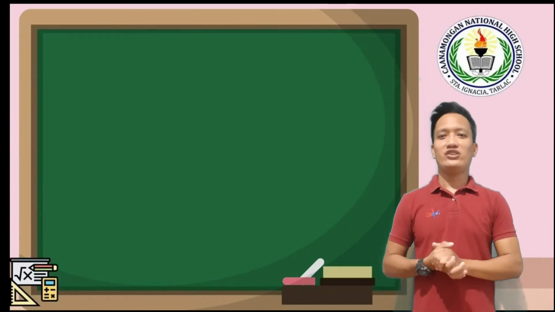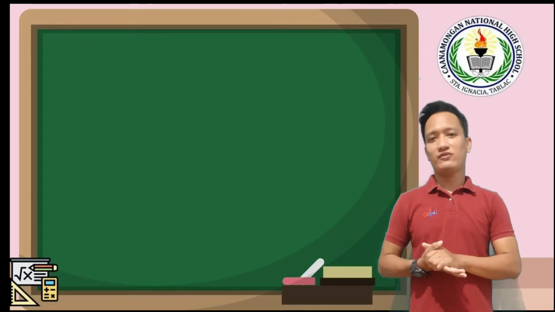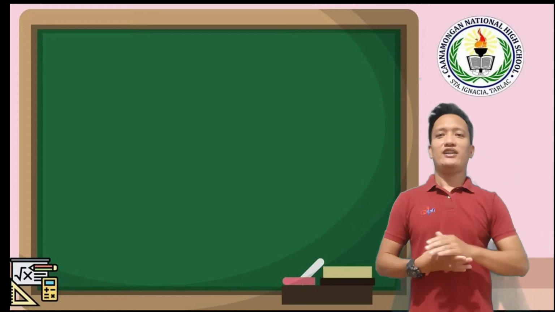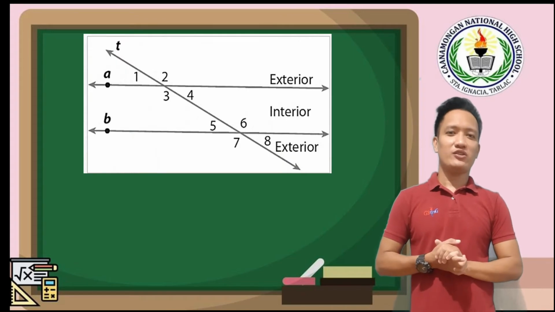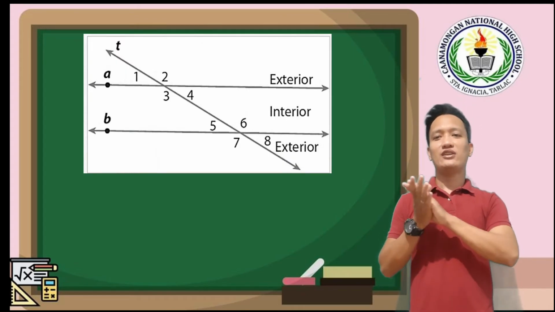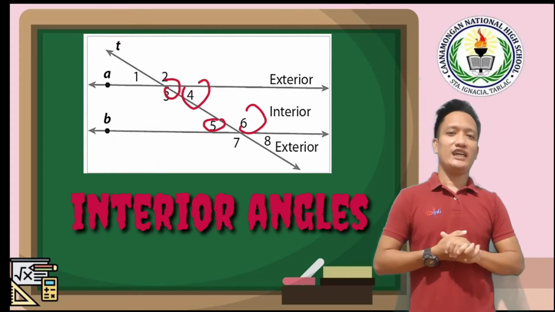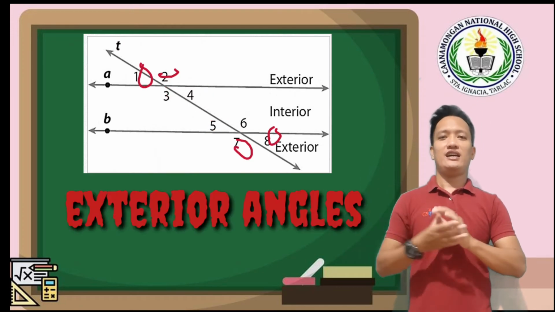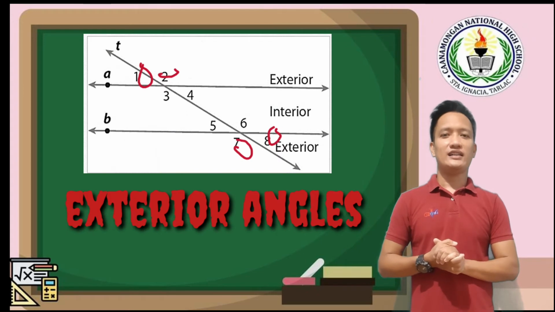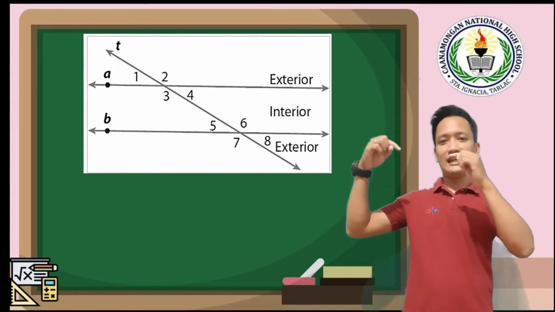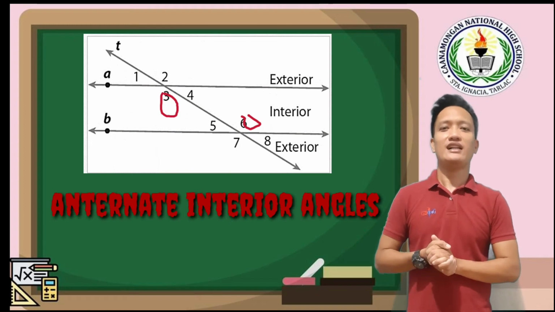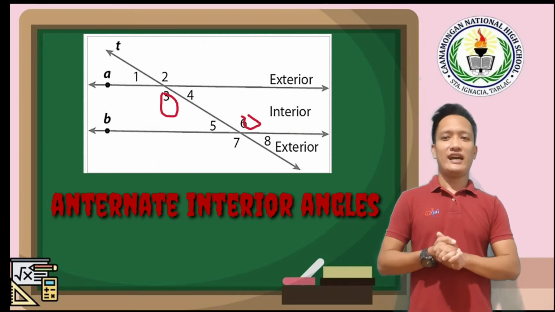Alright. So, yun yung mga angles nagpo-form na angle when two parallel lines are cut by a transversal. Ano-ano na ulit yung mga yon? So, yung mga nasa loob, we call them as interior angles. Yung mga nasa labas, they are exterior angles. Yung opposite naman na nasa loob, we call them as alternate interior angles.